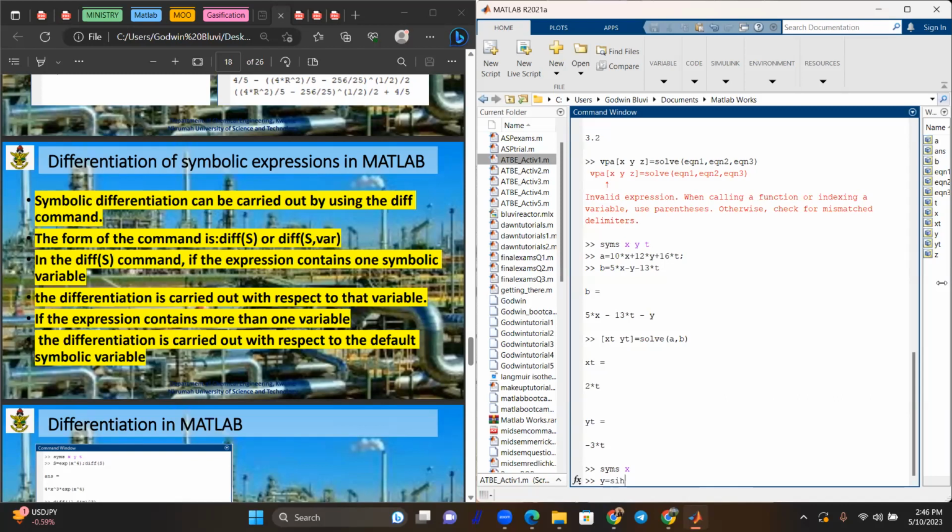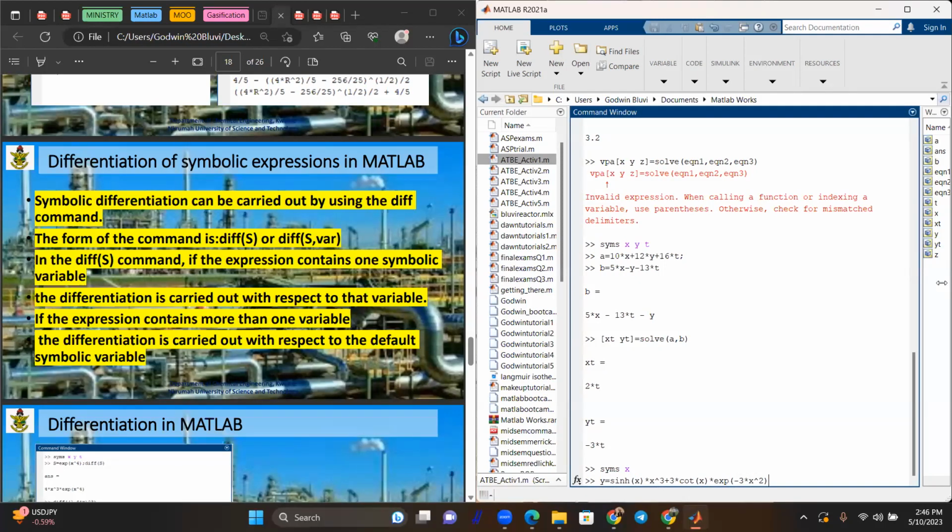Let's say x cubed plus 3 cos x, cot x times exponent minus 3 times x squared.